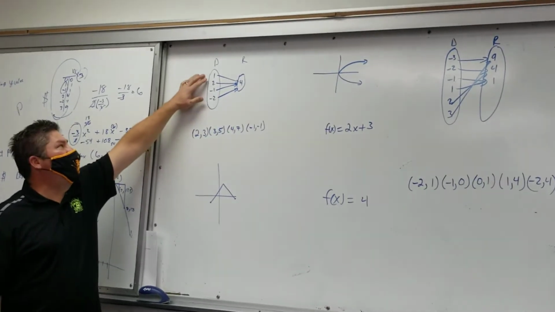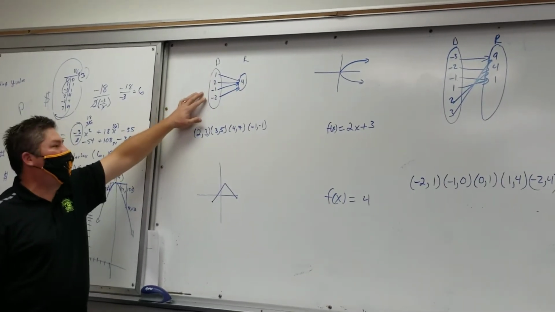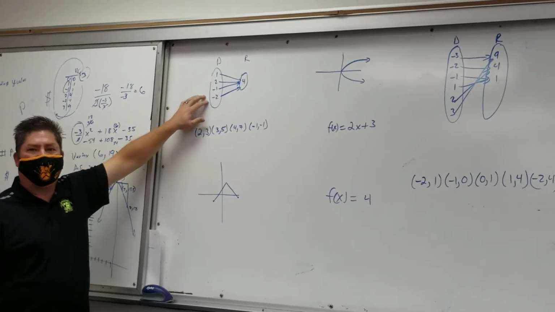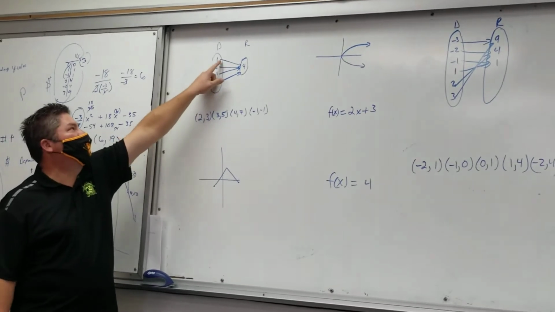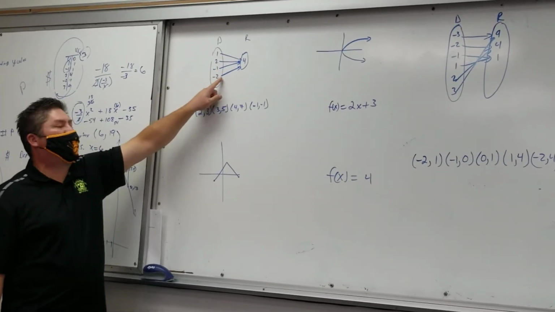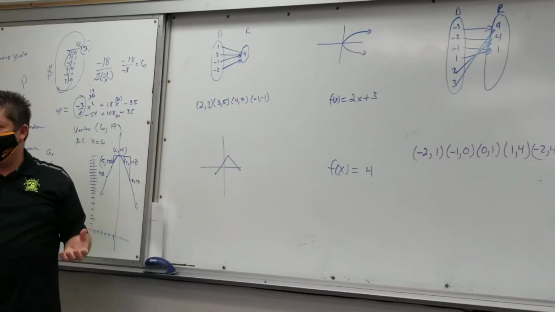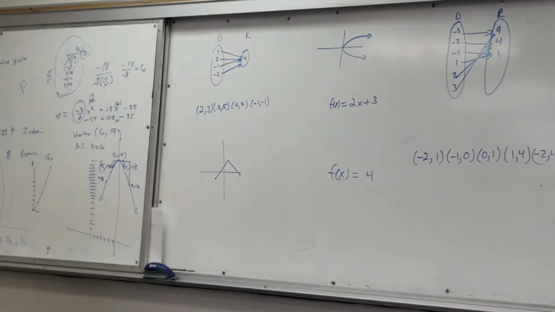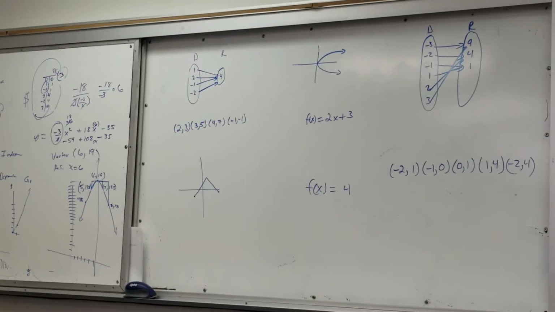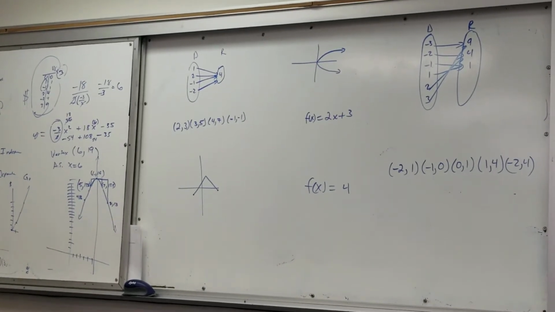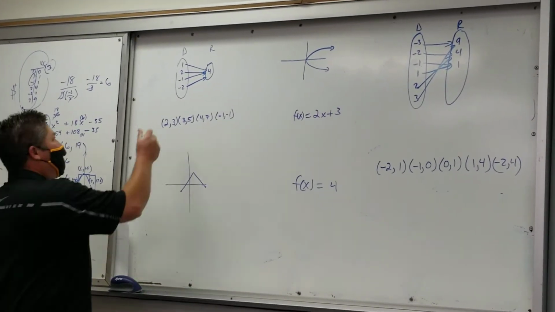Yeah, if it has more than one arrow coming out of an x value, then it would not be a function. If it only has one arrow coming out of each x value, then it is a function. Do I care about the number of y values? No. Just because this one has only one y value, it's still a what? Function. Okay, so this is a function.